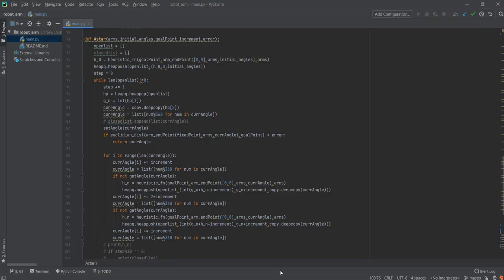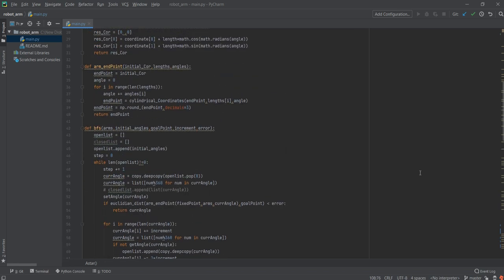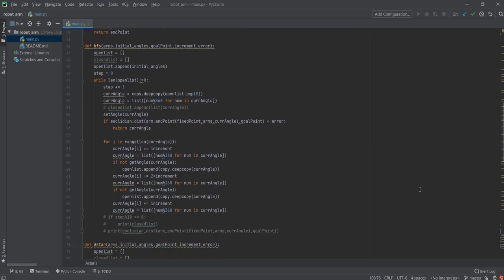Now let us move on to the code. In this, first let us look at BFS. In this we have considered two lists, open list and closed list. First we will be adding the nodes which we want to expand in the open list, which is in the form of a queue, and we will be popping and expanding their child nodes and putting the expanded nodes into the closed list so we don't visit them again.